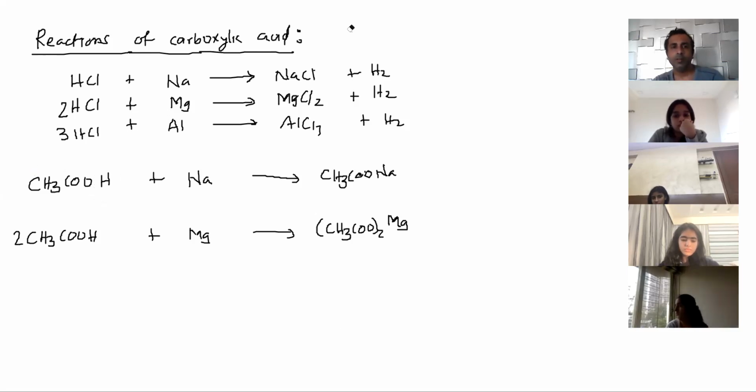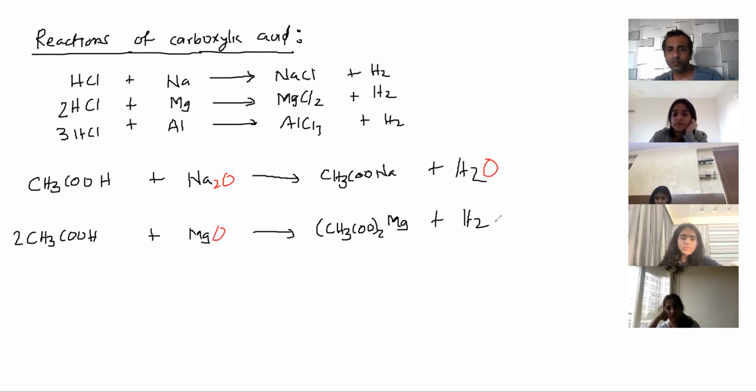If I take sodium oxide, then what is the product? If it was sodium, the product was hydrogen. Magnesium, the product was hydrogen. If it's sodium oxide, then what is the product? Water. Magnesium oxide, water.